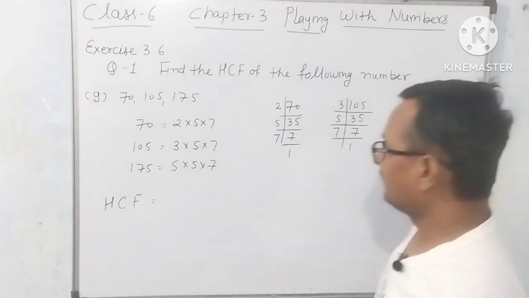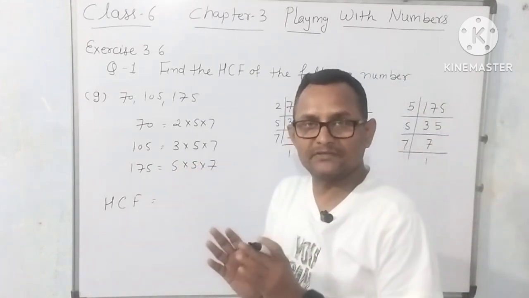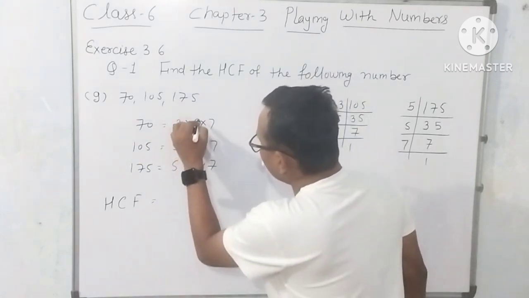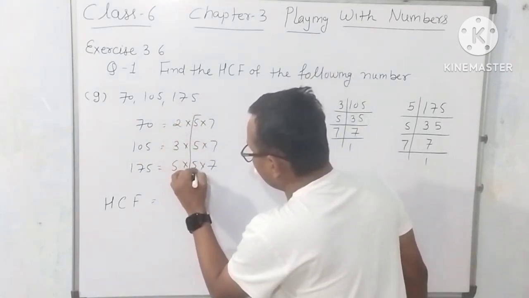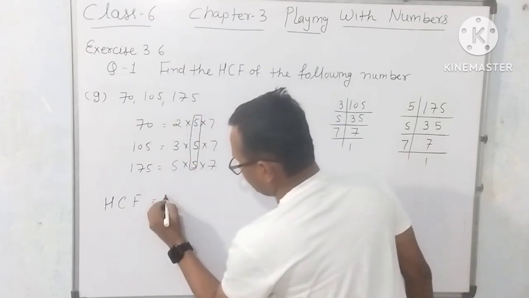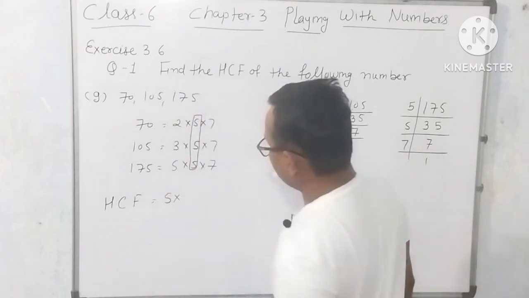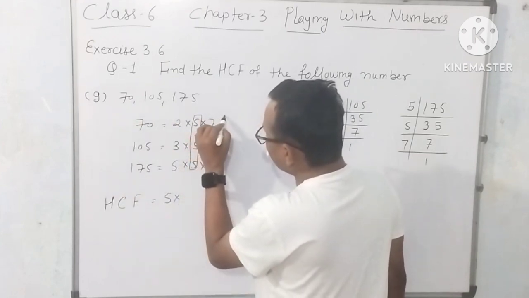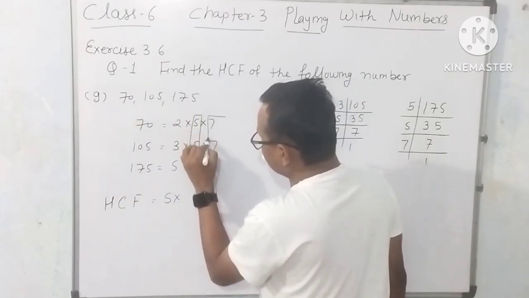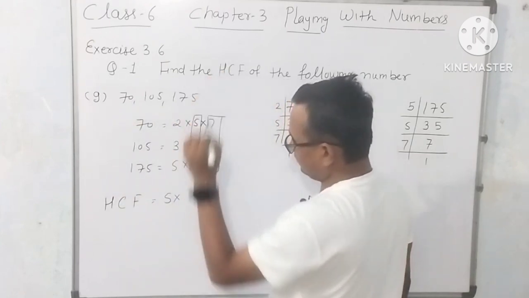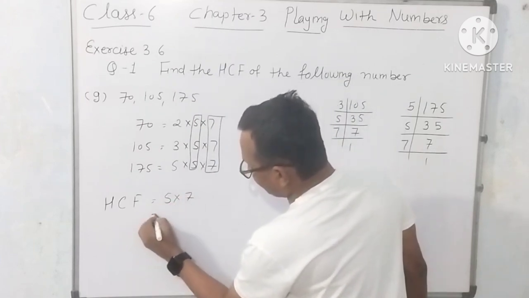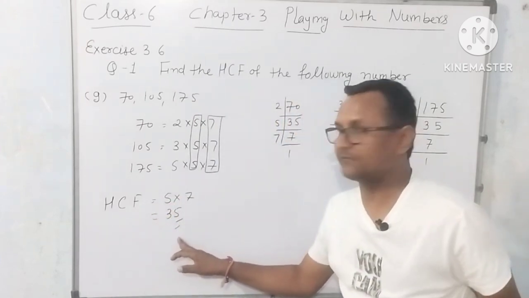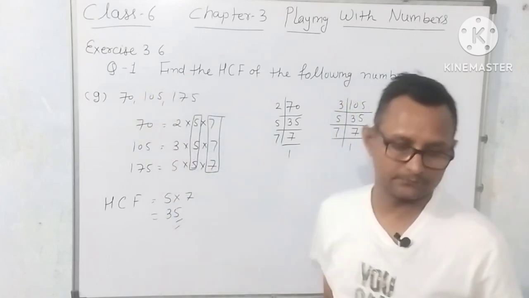So friends, here we have to check the number which is available in all three numbers. So 5, you can write. Then again we have to find the number which is available in all three numbers which can make a pair. 7. So 5 7 is 35. 35 is the highest common factor of these numbers.